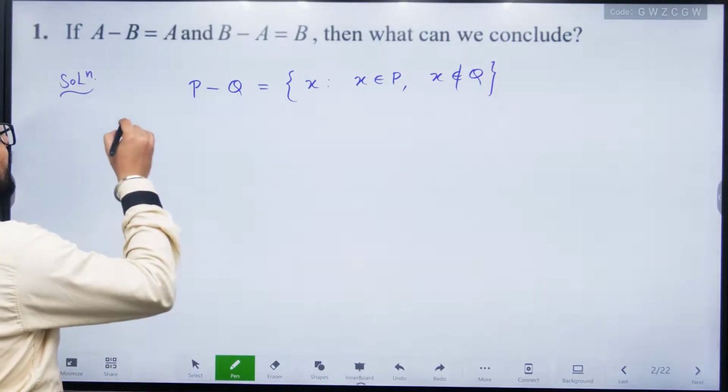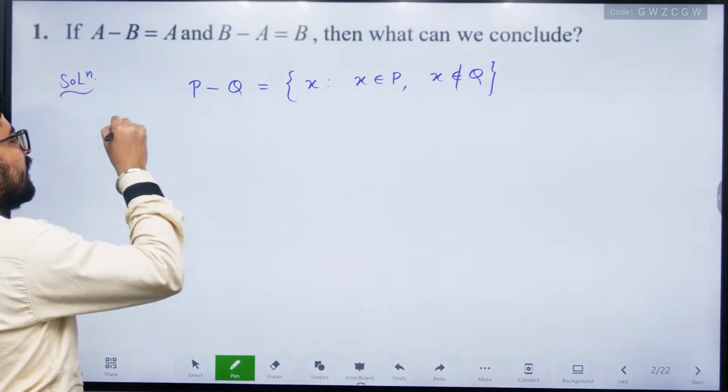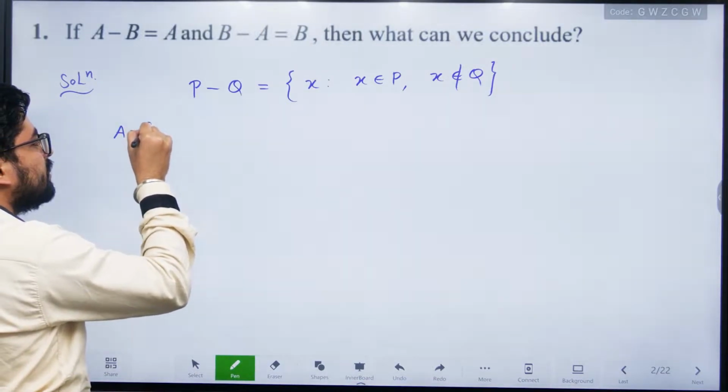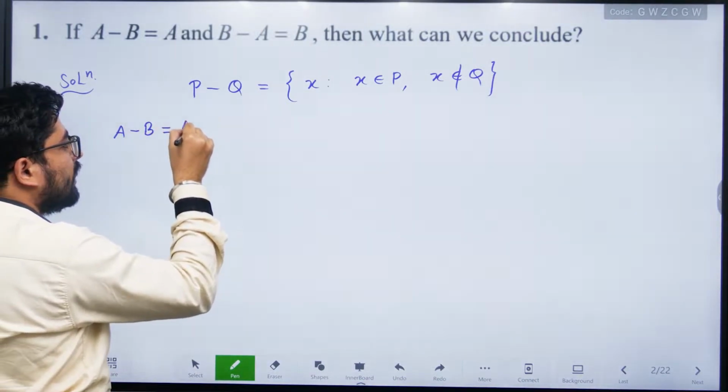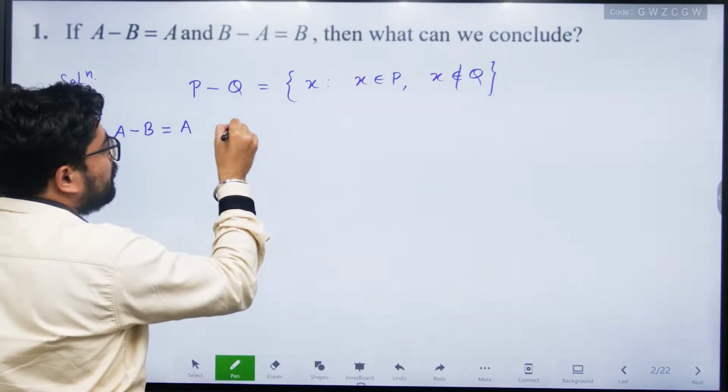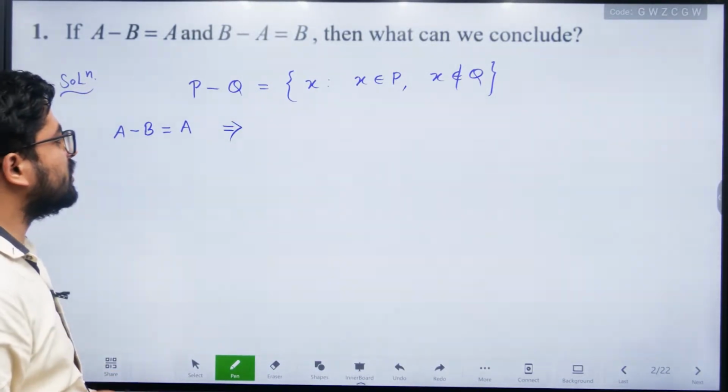So if you have A minus B is equal to A, it means what?